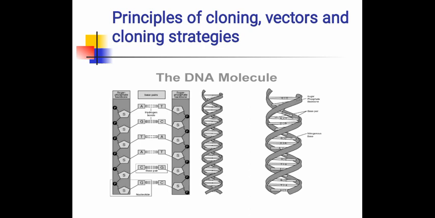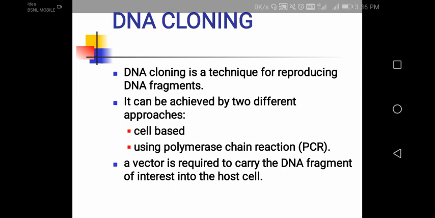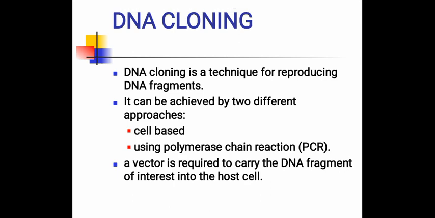Watson and Crick proposed this structure of DNA. Next, DNA cloning is a technique used for reproducing fragments. Reproducing fragments means clone means similar type of, like we have twins.